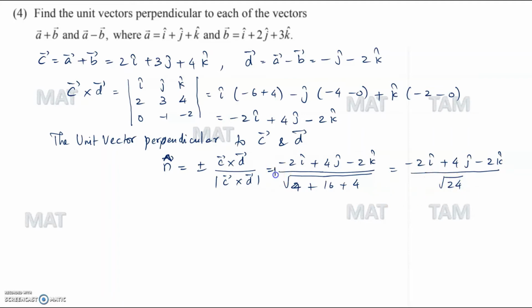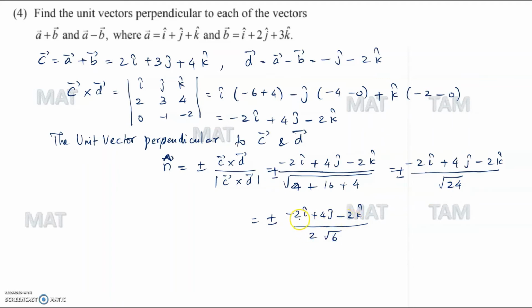You have to incorporate the plus or minus here. So this can be further simplified as plus or minus minus 2i cap plus 4j cap minus 2k cap divided by 24 can be expanded as 4 into 6. So you can call this as 2 times root 6.